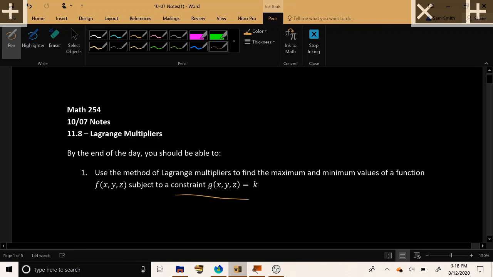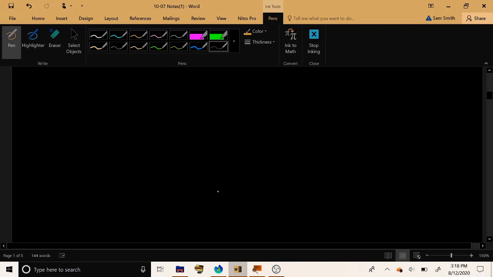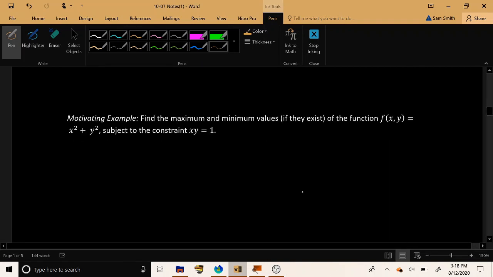To give a concrete example, let's go to the two variable case. Let's consider this problem where they're asking us to find the maximum and minimum values, if they exist, of the function f of x, y equals x squared plus y squared. So we want to minimize and maximize the output of that function.